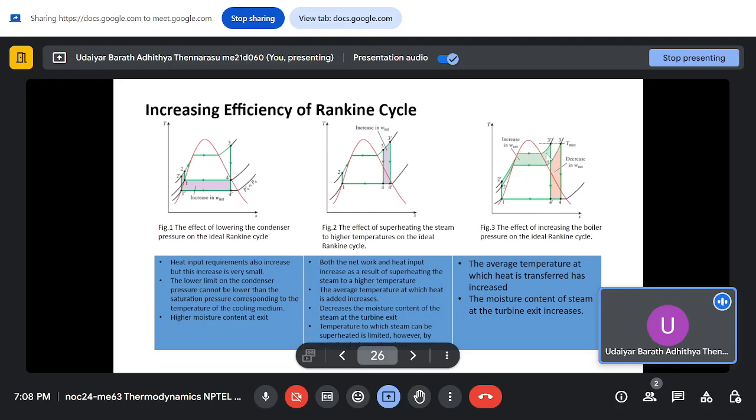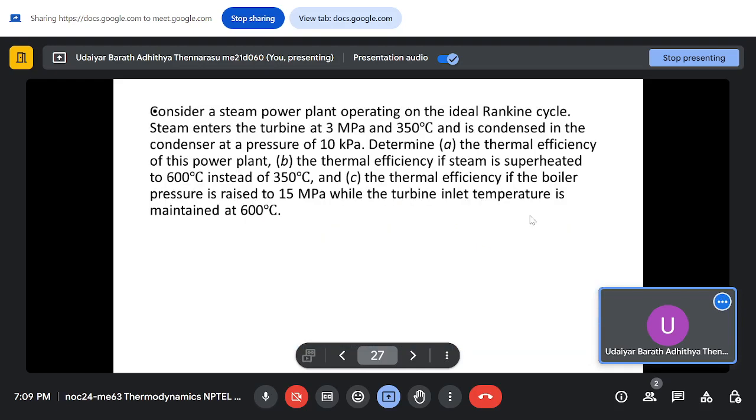This green portion is the additional work done which you will get, and this red one is your decrease in work. So it will always be based on both of these to say whether we get an increase in efficiency or not. So now we move on and see a problem.